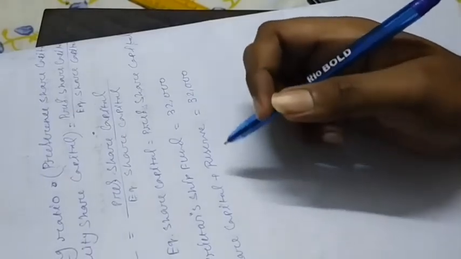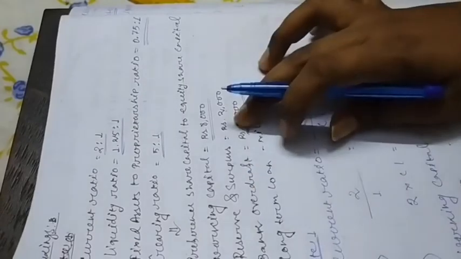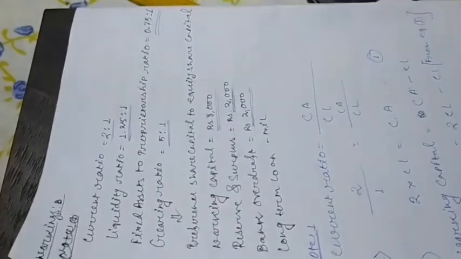I think you already know about that if you wrote down the note. We can get the value of reserve and surplus from the information given, which is rupees 2,000.